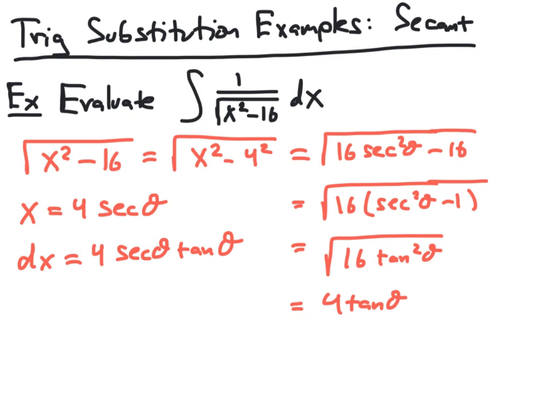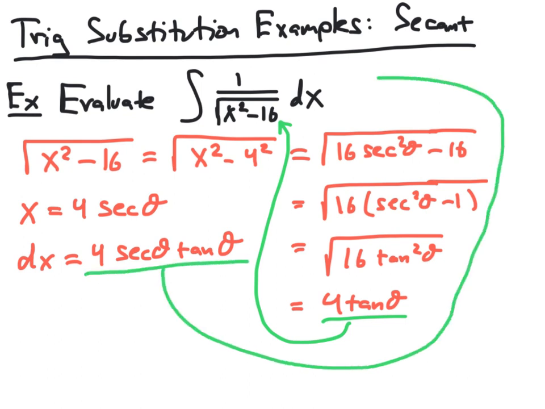And now we have all the pieces that we need to substitute into our given integral. So 4 tangent theta is going to be substituted into the denominator for the square root term. And 4 secant tangent will be substituted in for dx. And so once we make these two substitutions, we'll have an integral in terms of theta, which we can then evaluate.